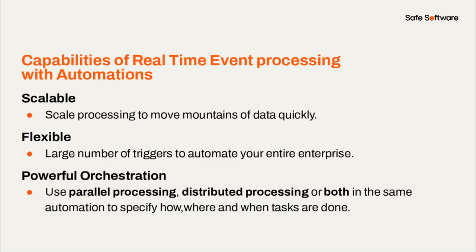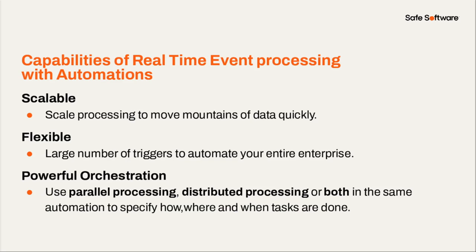And of course, a large number of triggers, or what we call events that cause a trigger to happen. And if you're using automations and there's a trigger we don't support, let us know, because we're always adding more.